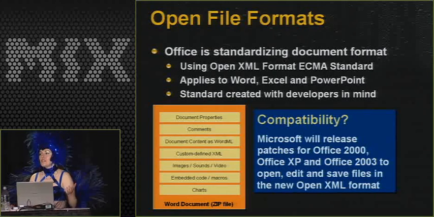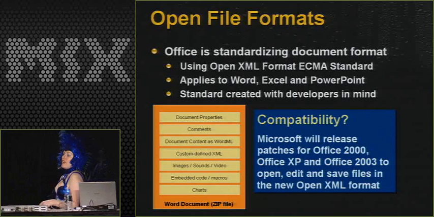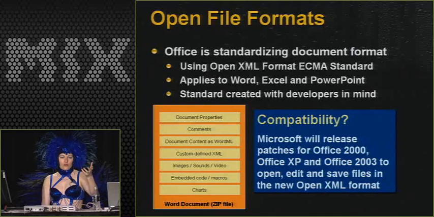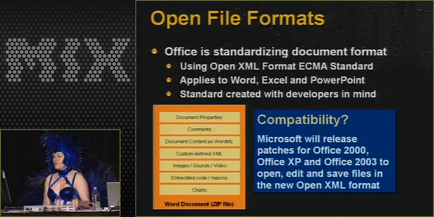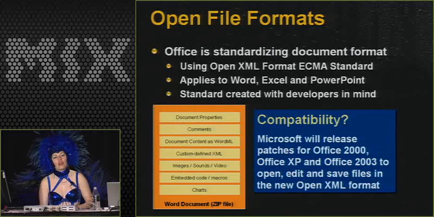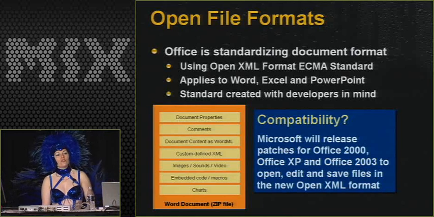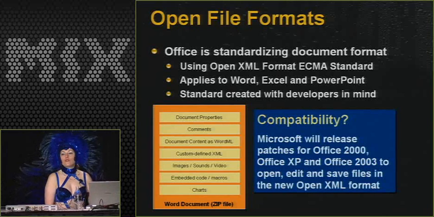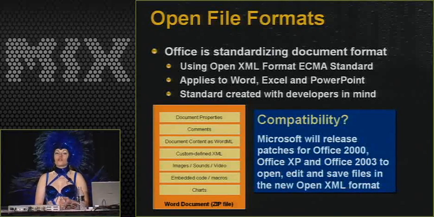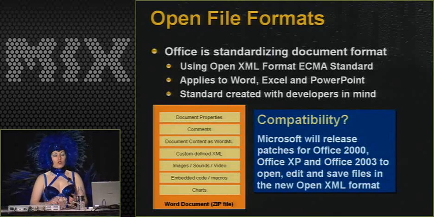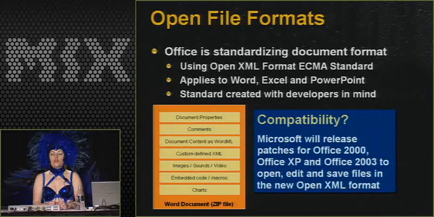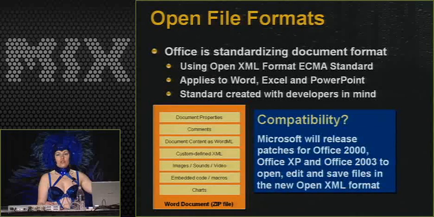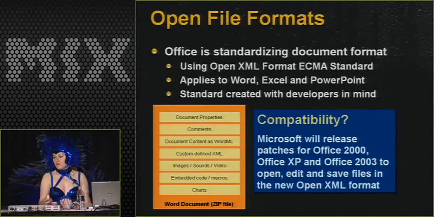So the way that you're able to get to them is we are going to be creating and deploying patches, add-ins that allow you to run this patch on Office 2000, Office XP, and Office 2003 that will allow those older versions of Office to open, read, write, and save in the new file format. So that if your server starts automatically generating these open XML documents, your users, using any of the 3 previous versions of Office, will be able to use these documents.